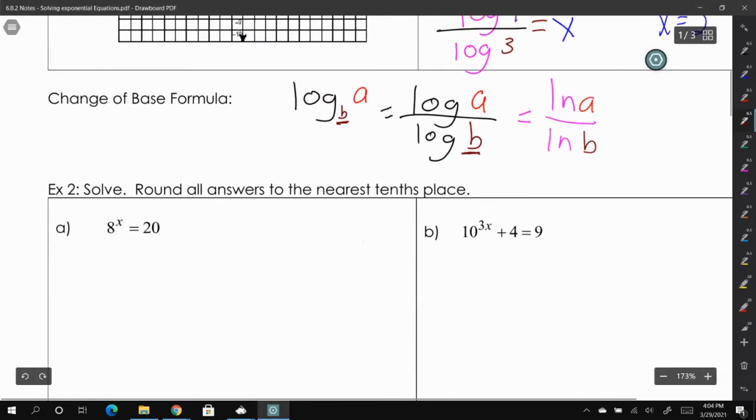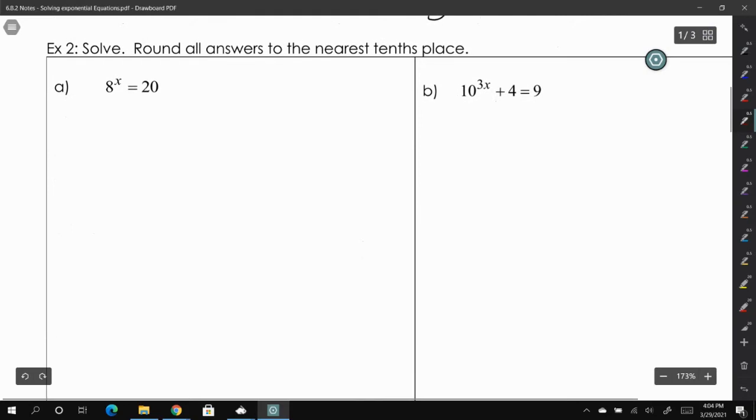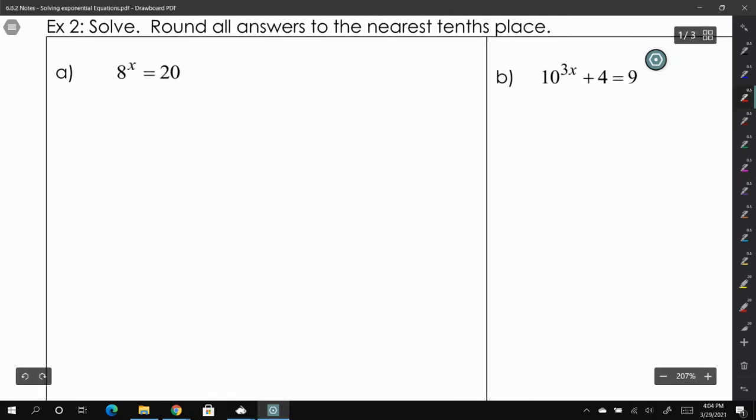So if we look at some problems down here, we already have the base by itself. 8 to the x power is all by itself. So we're going to switch this to log form. So log base 8 of 20 equals x.